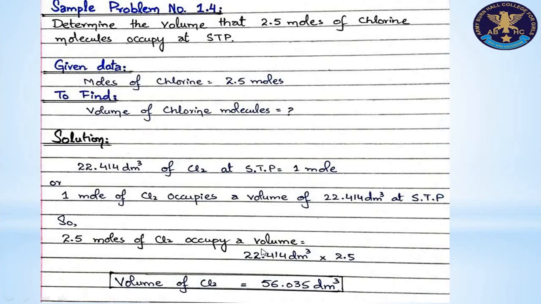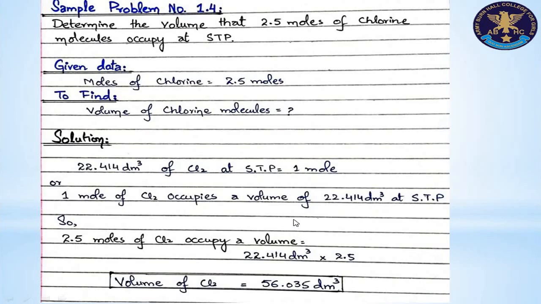Simply we have to multiply the molar volume value with the number of moles, that is 22.414 cubic decimeter multiplied by 2.5. So the volume of chlorine molecules will be equal to 56.035 cubic decimeter. And this is the volume which is occupied by 2.5 moles of chlorine molecules.